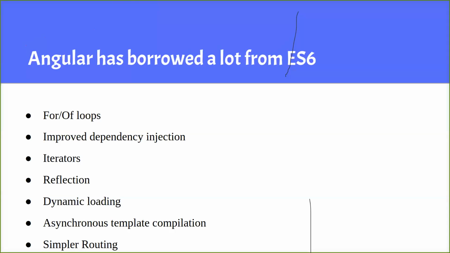Something like for loops, dependency injection, which is my favorite, then iterators, dynamic loading, then very simple routing. I will go through Angular routing in the future and we'll love it. Then another thing is asynchronous template compilation. Each time you edit your template, it's compiled, which is a very good thing.